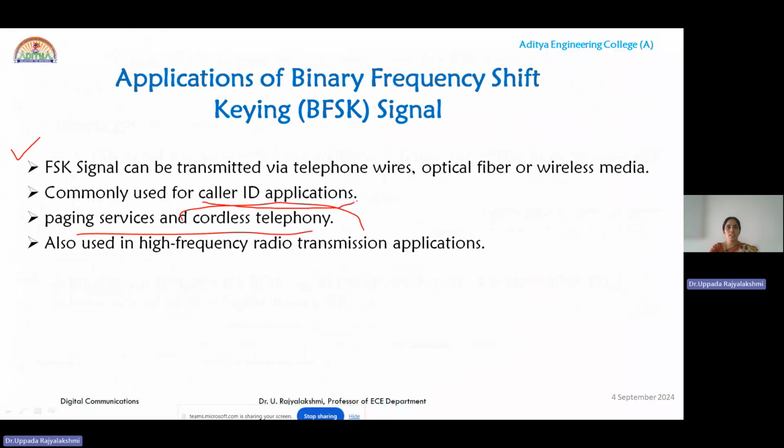Similarly, in caller ID applications, and in the earlier days it was used for telephone transmission via telephone wires, optical fiber, or wireless media. But because it needs a large amount of bandwidth, it is preferred for low bandwidth systems.